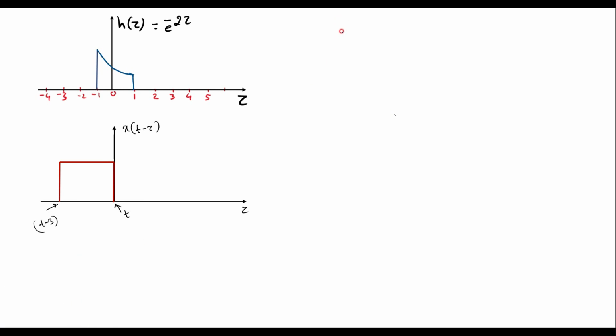Now we'll consider case 4, that is when t minus 3 is greater than or equal to +1. That is nothing but t is greater than or equal to 4. So here we can see that this is x of t minus tau signal, this is t point and this is t minus 3.